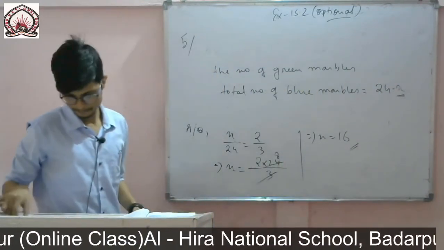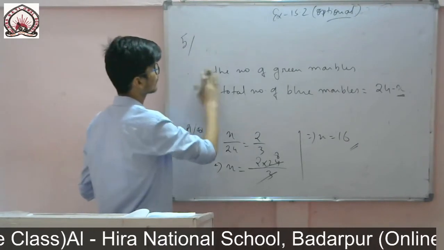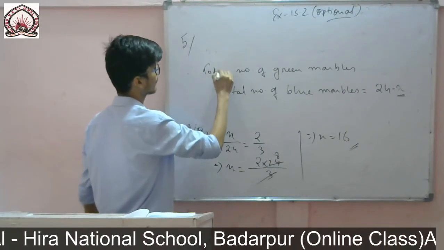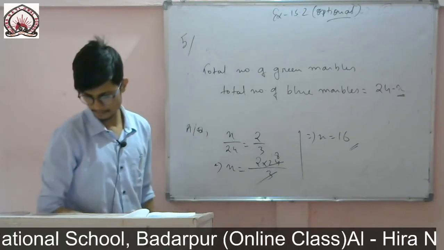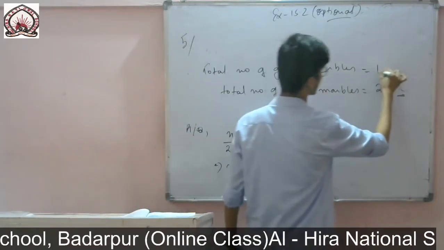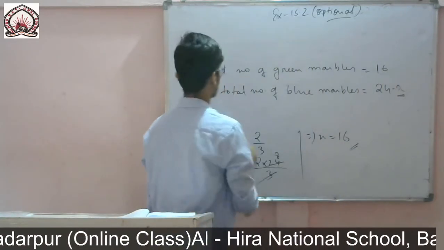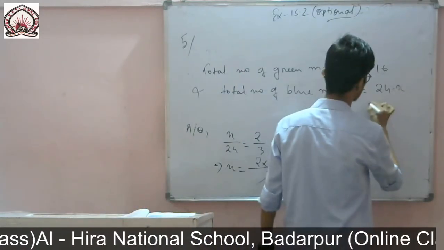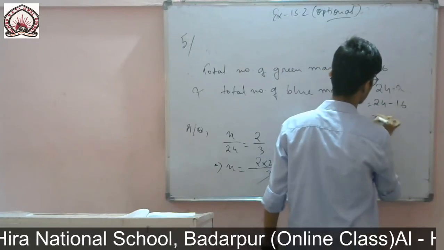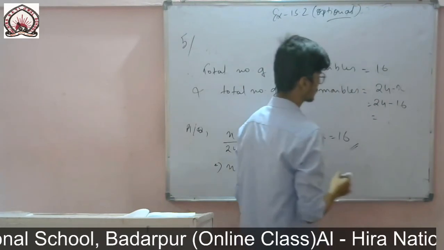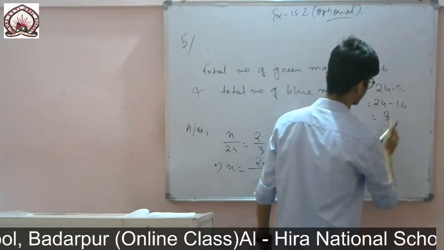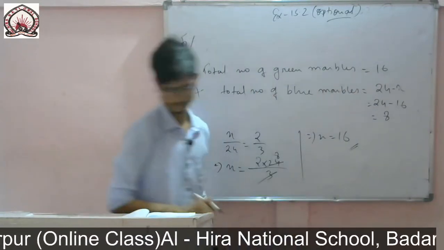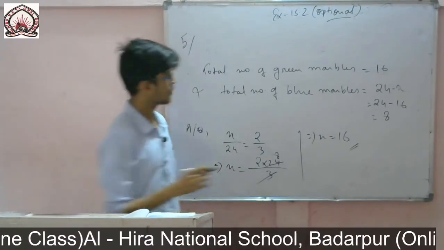Therefore, total number of green marbles is 16, and total number of blue marbles is 24 minus x. That means 24 minus 16, which equals 8. So this is the required answer.